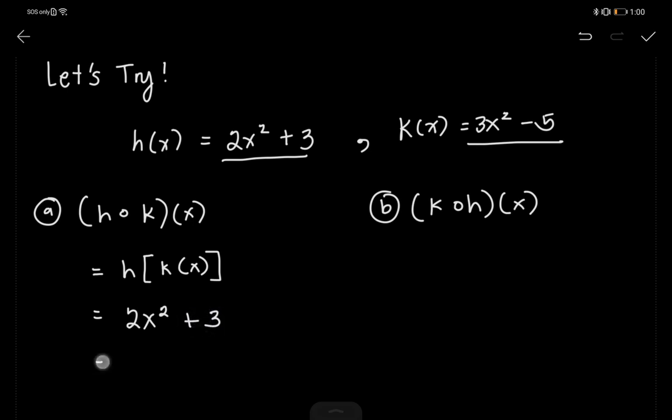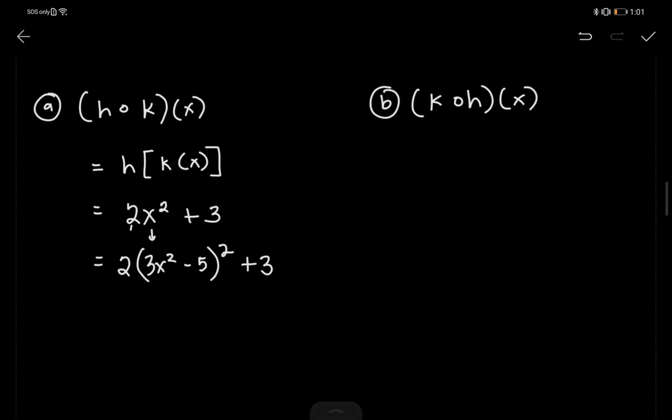Then substitute the value of your x, which is the value of your k of x. So we have here 3x squared minus 5, then square. Then bring down the 2, then plus 3.